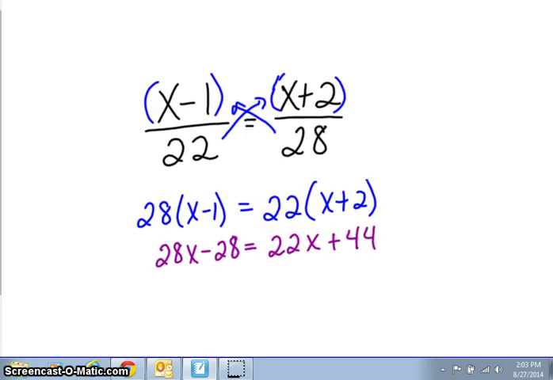I'm going to get the x's to the same side. Numbers.